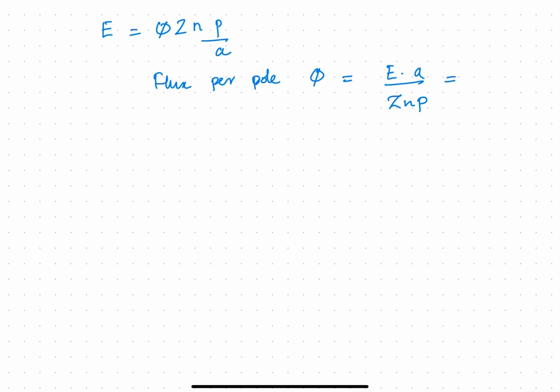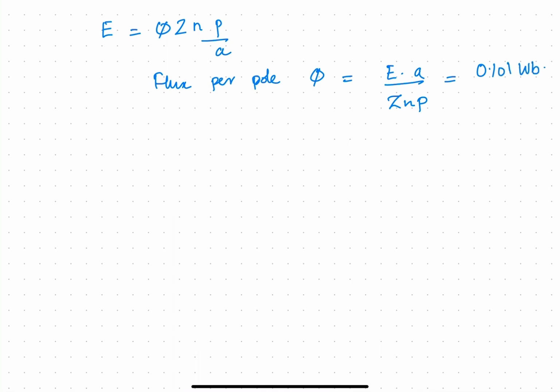And when you talk about the EMF, that is phi Zn P over A, we have already seen this equation in the previous lecture. So the flux per pole phi is equal to E into A divided by ZnP, and when you substitute these values, this comes out to be 0.101 Weber.